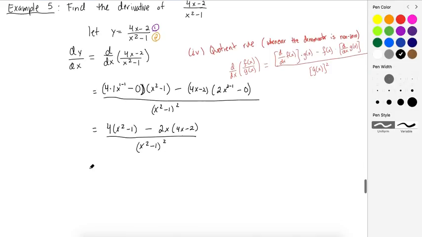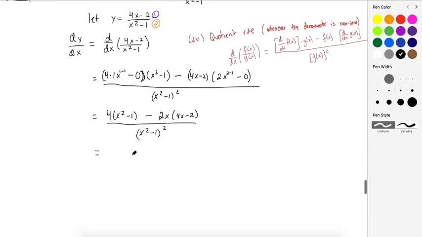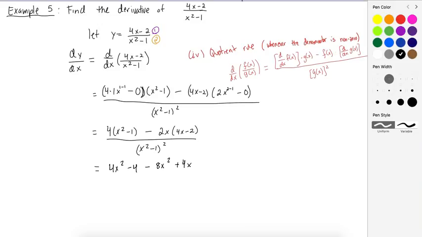We can simplify this a little bit further, and what we have right now is 4x squared minus 4, and we multiply all that out.